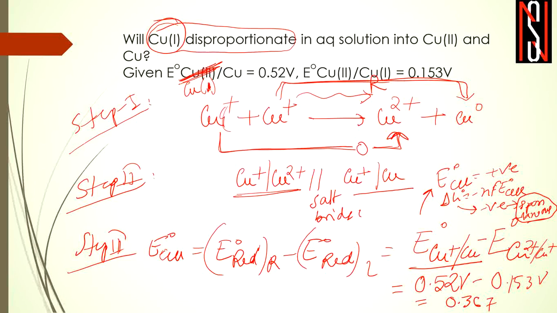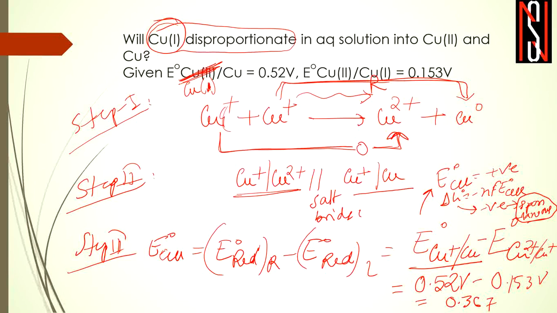Okay, so we have already seen that there are 3 steps. Step 1 is to write the redox reaction properly, step 2 is to draw the electrochemical cell in a proper way, and step 3 is to calculate the E0 cell by our conventional method. And by calculating the E0 cell, you can correlate with the equation del G0 equals minus nF E0 cell.